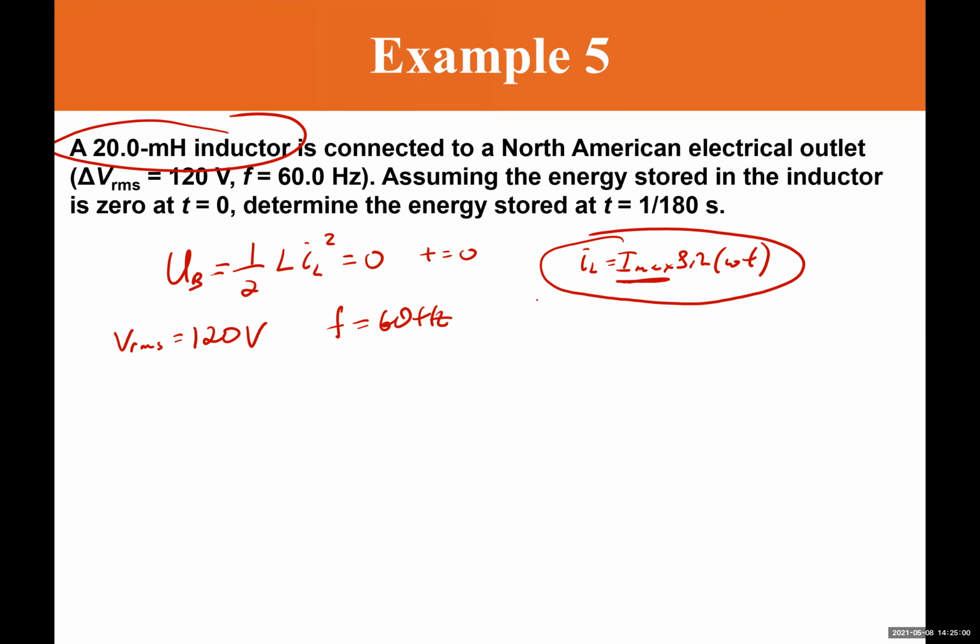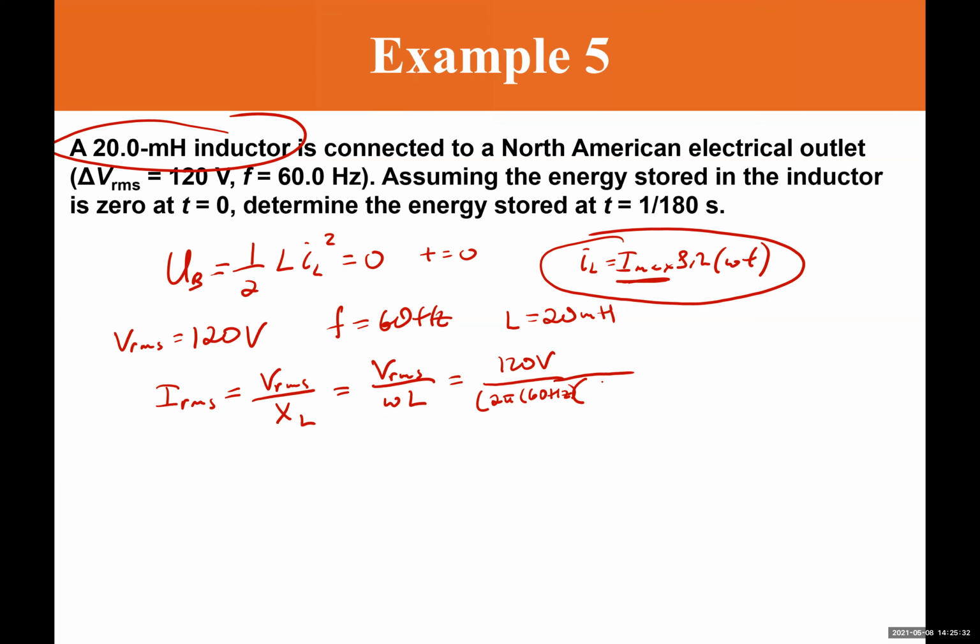The RMS current is the RMS voltage divided by X sub L, and X sub L, remember, is just omega times L. We are given L, which is 200 millihenry. So the voltage, 120 volts, divided by 2 pi times 60 hertz, times 200 times 10 to the negative 3 henry.